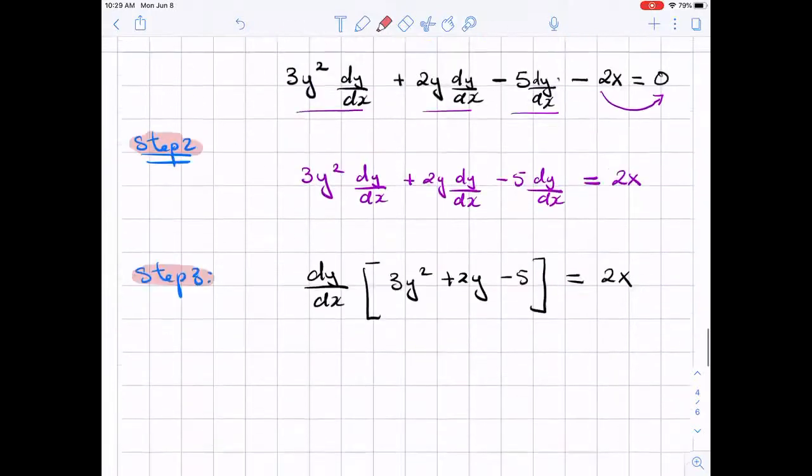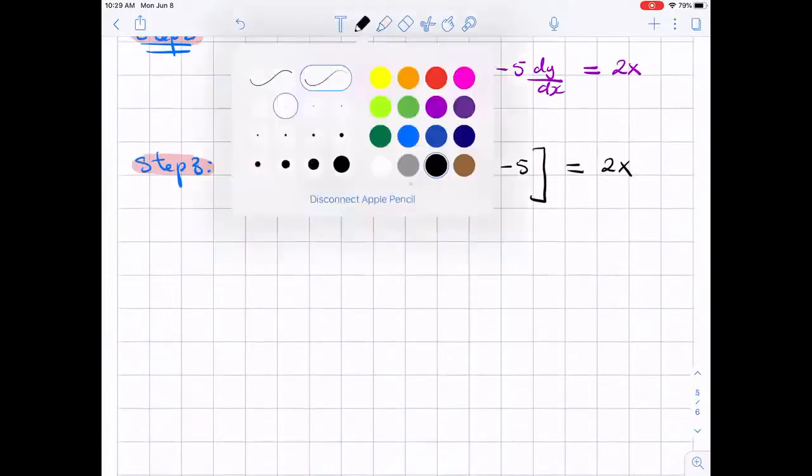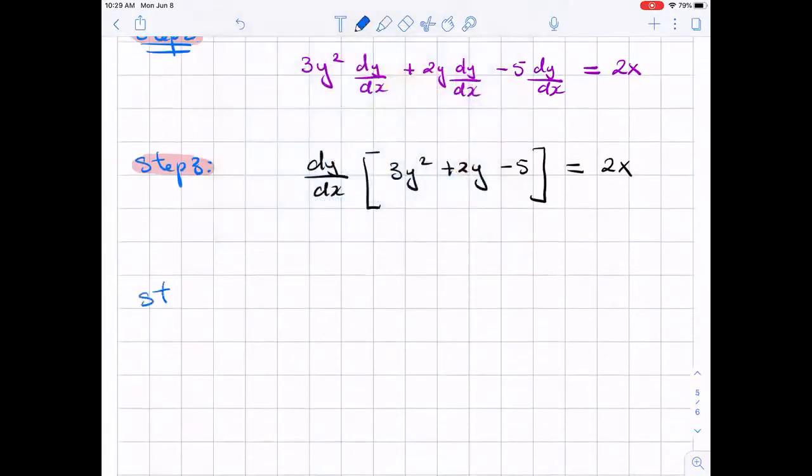So solve, remember, solve means just to isolate. So step 4, we isolate dy/dx. Since this here is a product, taking it to the other side, we will divide.